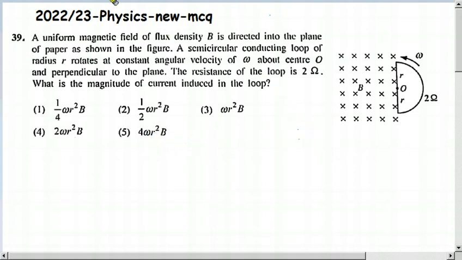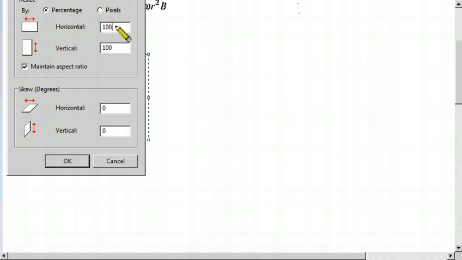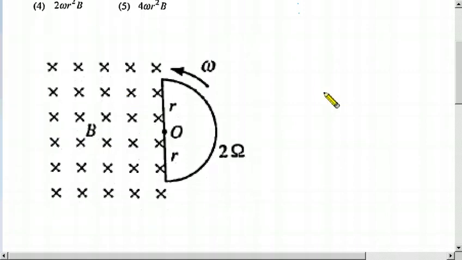So children, let us try to solve this problem. Let us take a copy first of all. Enlarge it a little bit. So children, what happens when this conducting loop is rotating in this magnetic field?